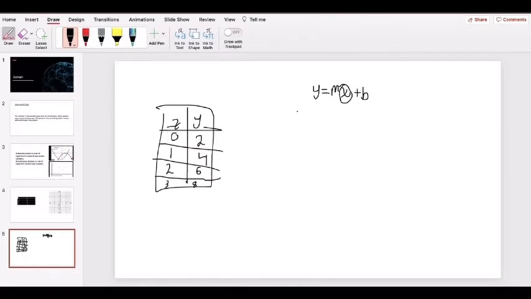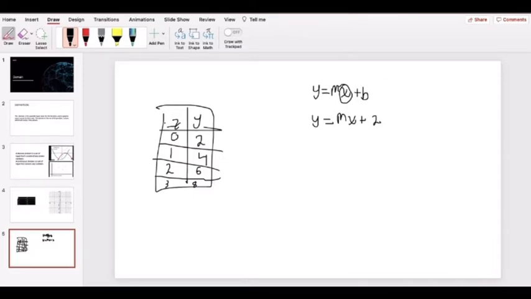So 0 is 2. And b is where it intersects the y-axis, so it will be y equals mx plus 2. Right? And then to get m, we use the pattern.